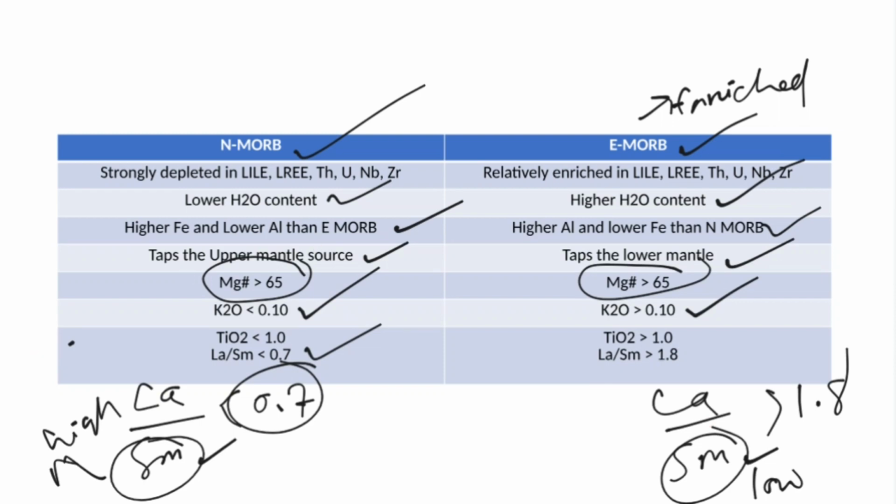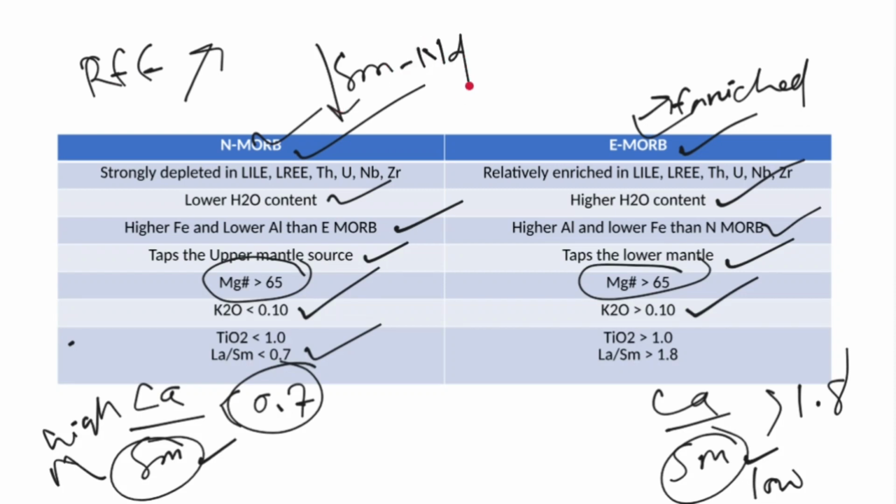Okay. Sir, lanthanum samarium. Lanthanum samarium is written for this because these two things being discussed, N-MORB and E-MORB, this division is basically based on incompatible element enrichment. That's why lanthanum and samarium, because lanthanum and samarium have exactly opposite characteristics. All the incompatible elements, like you can say all the REEs, are on one side, and samarium and neodymium are on the other side.